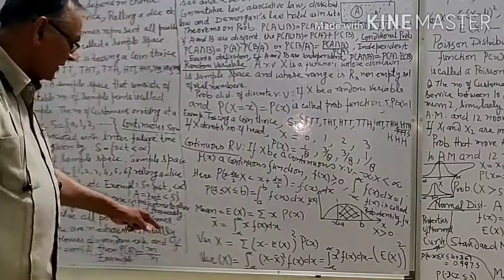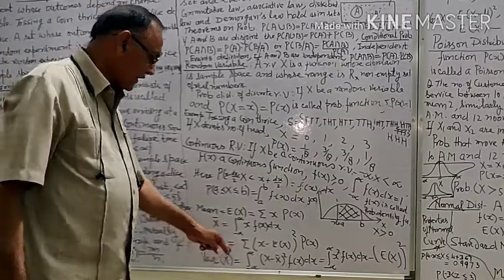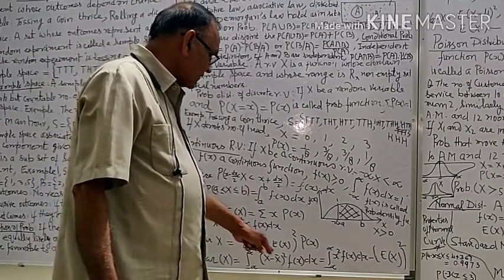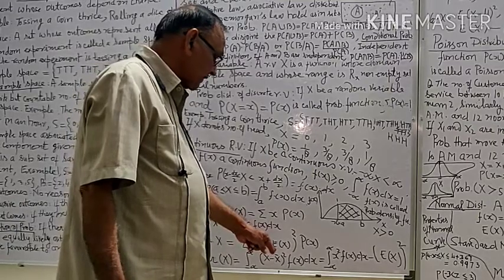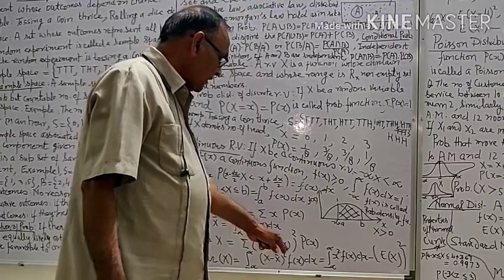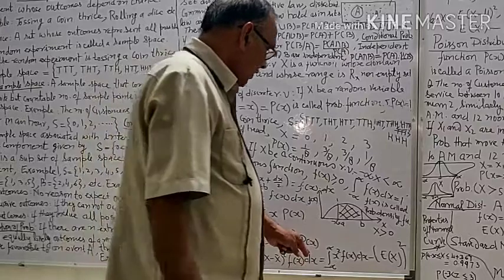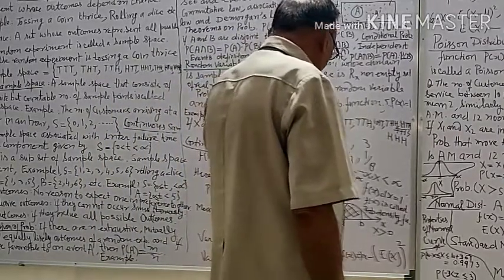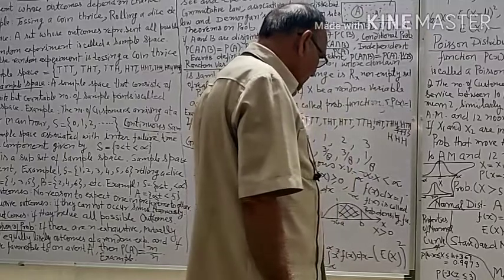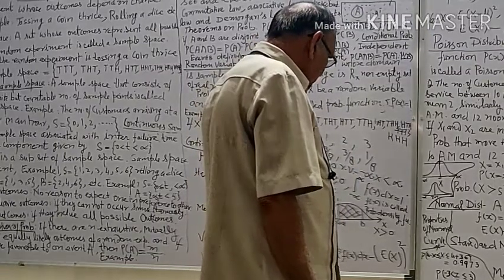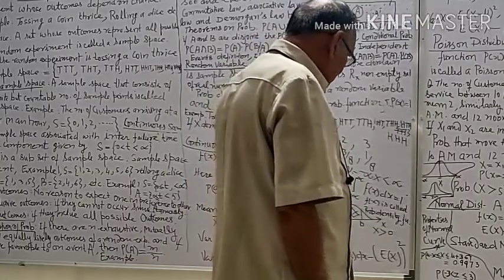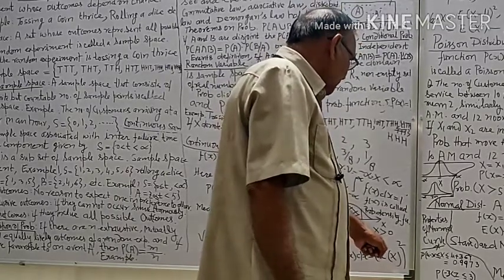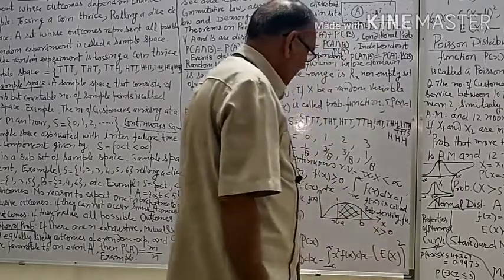And if it is continuous variate, then it is minus infinity to plus infinity x minus x bar, means ex, expected value or the mean, whole square fx dx. Or sometimes we do use the second formula for calculating the variance, minus infinity to plus infinity x square fx dx minus mathematical expectation whole square.